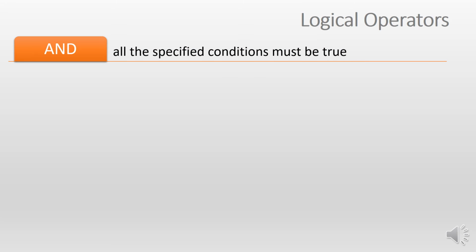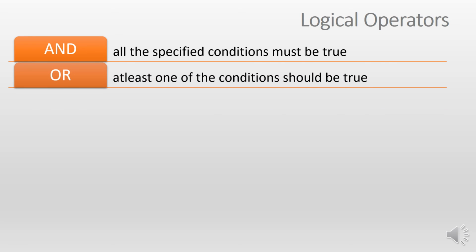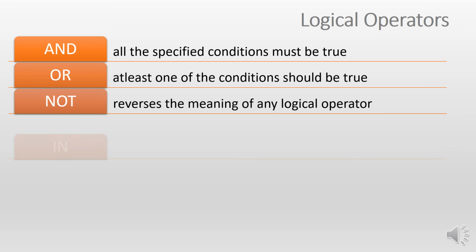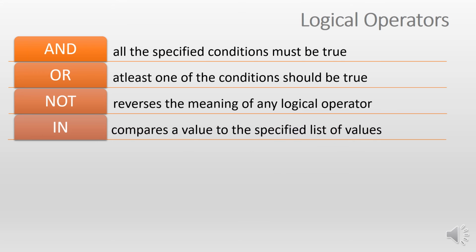The logical operator AND gives a value true when all the specified conditions are true, OR will give the result true if at least one of the specified conditions is true. NOT reverses the meaning of any logical operator. IN is used to compare a value to the specified list of values. It can be a multiple OR condition also.